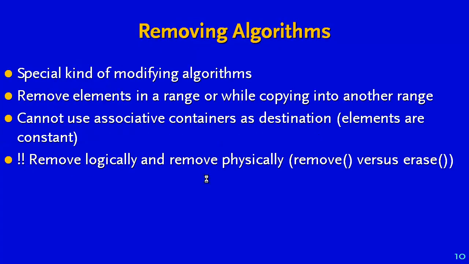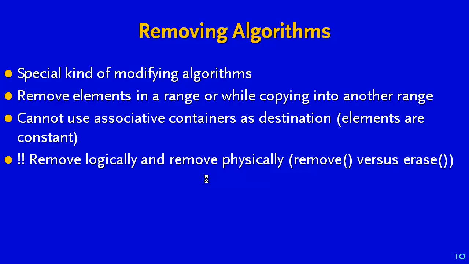And remove elements in a range while copying into another range. So you've got a container. You can copy everything from one container to another while removing the values from the original container. Don't worry about the associative containers because we didn't talk about associative containers.